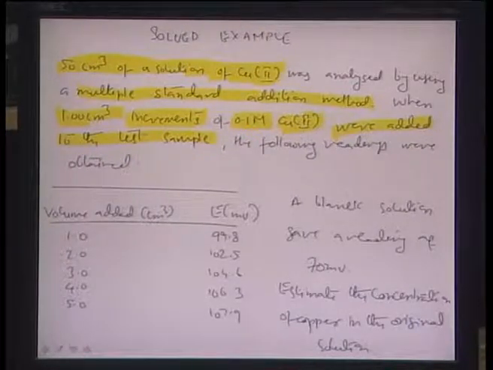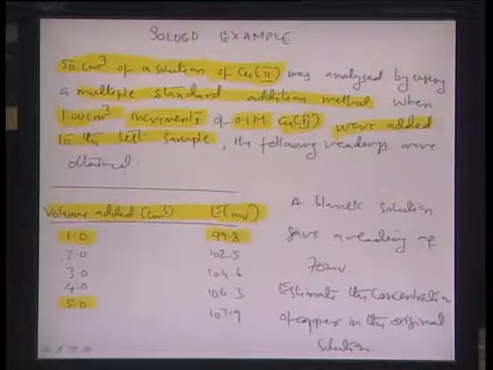The table here represents a relationship between the volumes that are added and the corresponding EMF. If you add 1 centimeter cube of 0.1 molar Cu2+ solution to the 50 centimeter cube of the original solution, the EMF obtained is 99.8 millivolts, and this goes all the way up to about 5 increments.